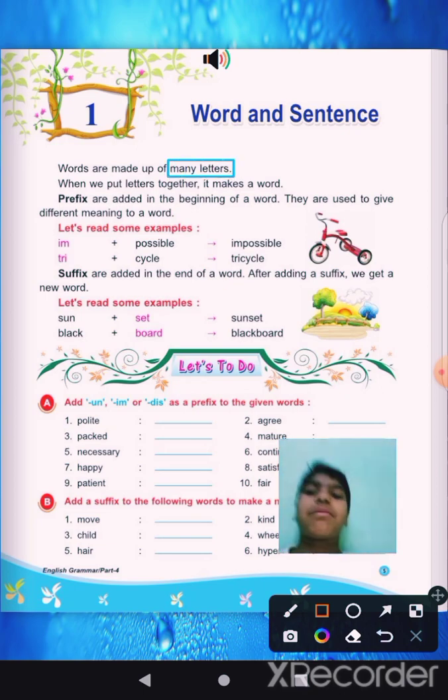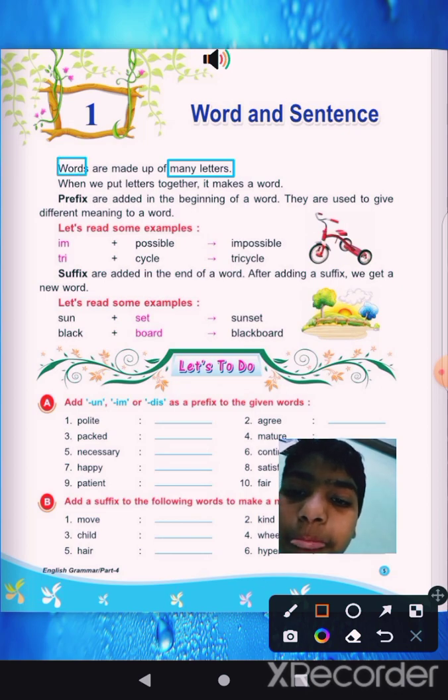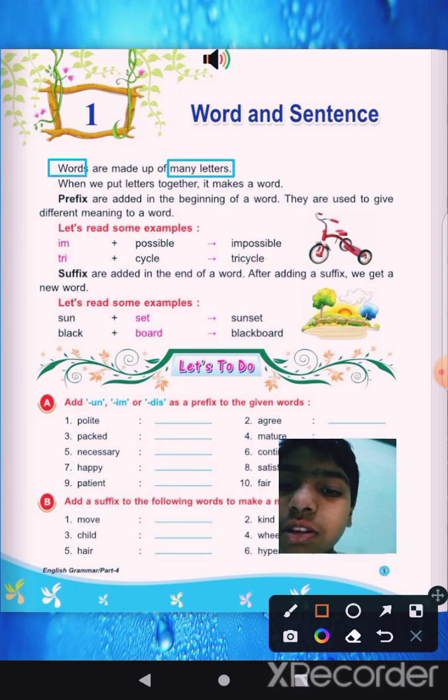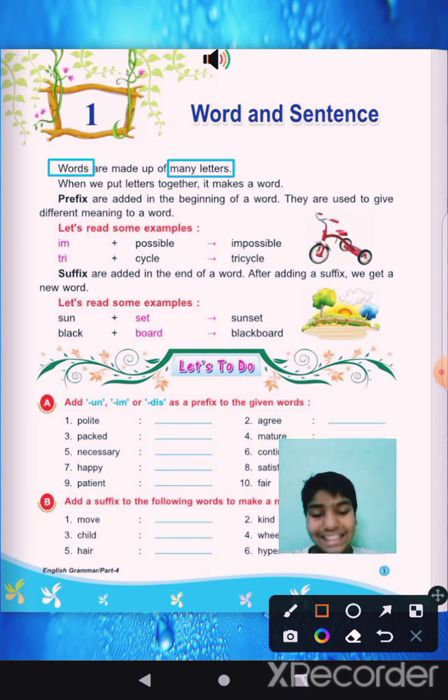Words are made up of many letters, not just one letter, many, more than one.